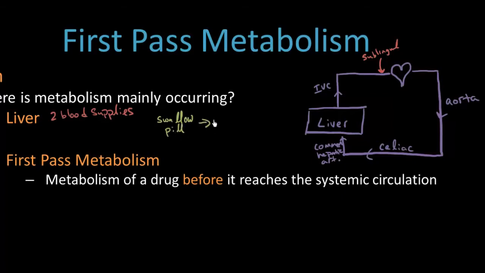It goes to my intestines. And from the intestines, it goes to the portal vein. And from the portal vein, it goes to the liver. So notice this is the other blood supply to the liver, and this right here is the pre-systemic circulation.